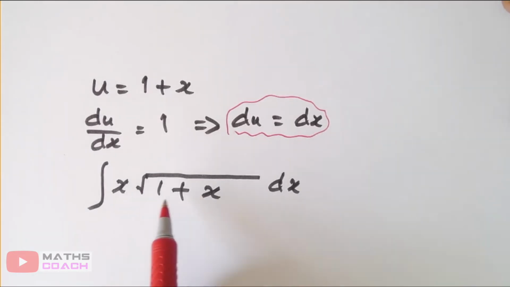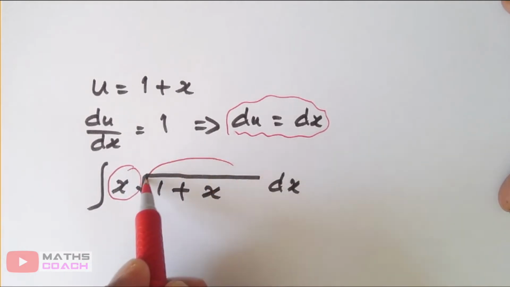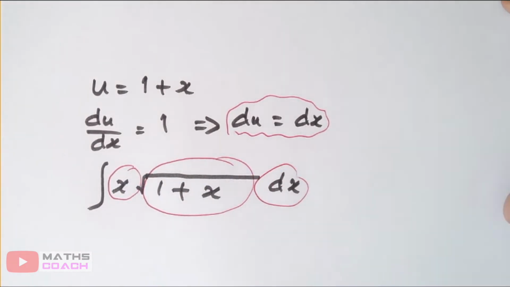This expression here is actually made up of 3 components. 1, 2, 3. And what we need to do, the aim of this question, in order to proceed, is that each of these components must be changed to an expression that involves only the letter u.